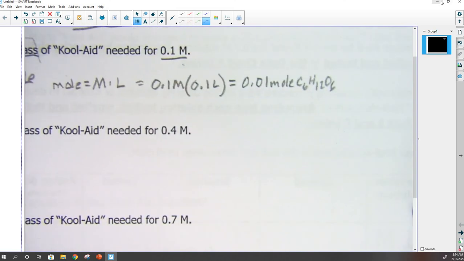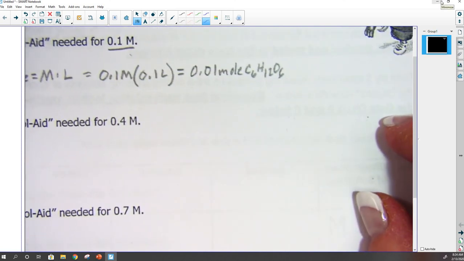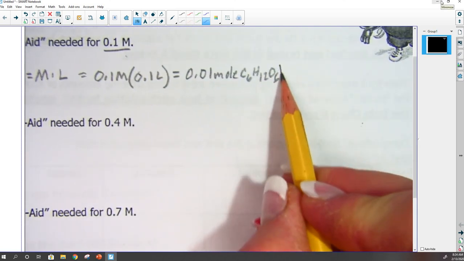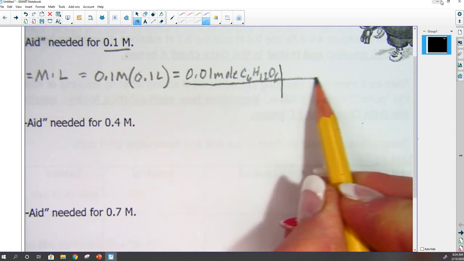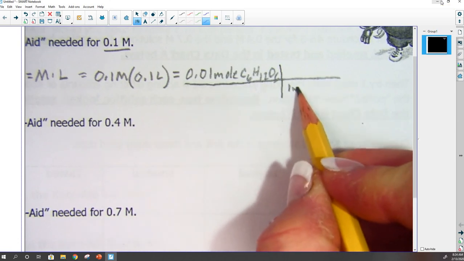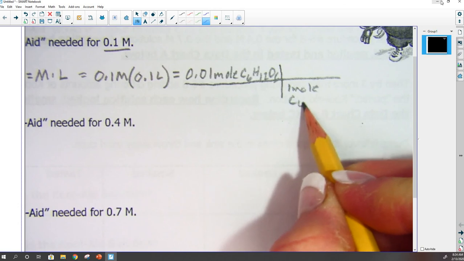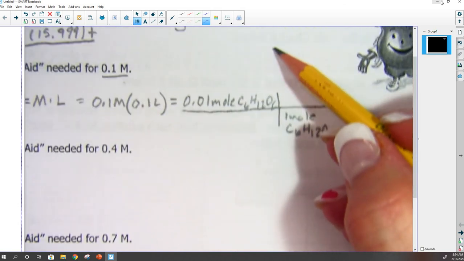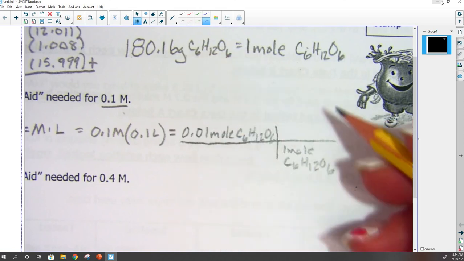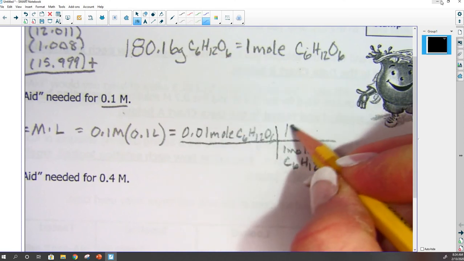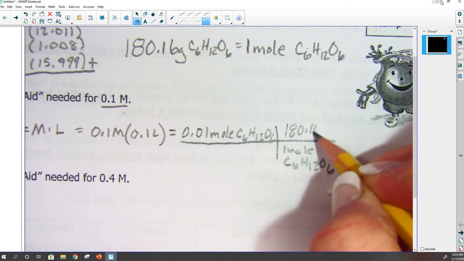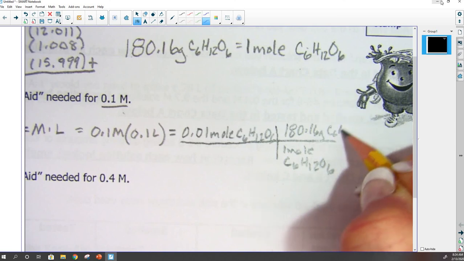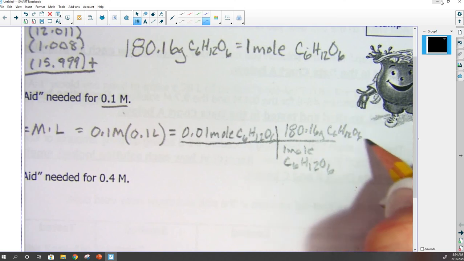We're not done though because we can't weigh out moles. We've got to change that to grams. So we're going to divide it by 1 mole C6H12O6, and we're going to put that mass that we found out right here on the top, 180.16 grams C6H12O6.